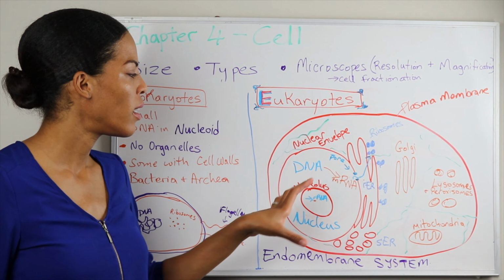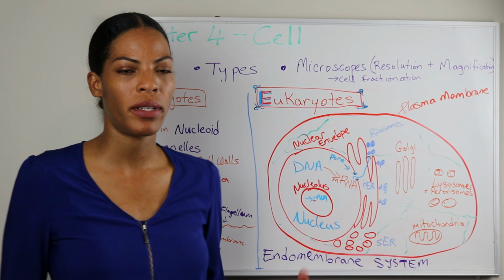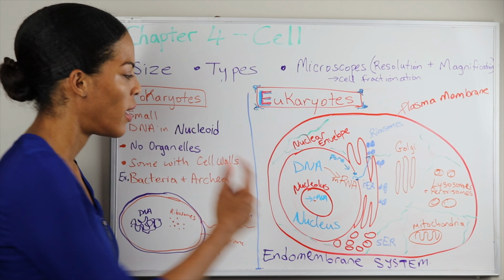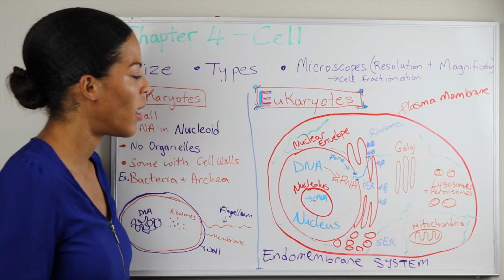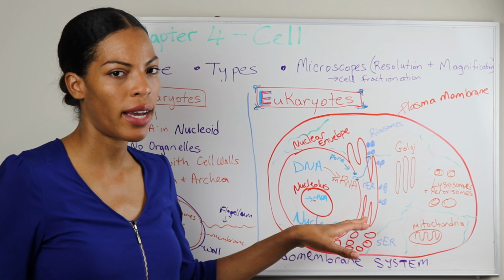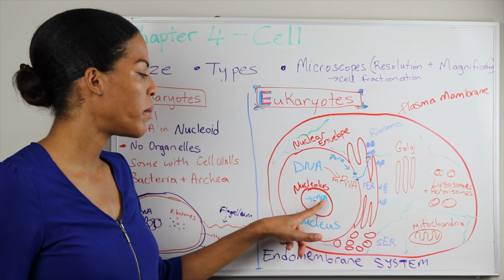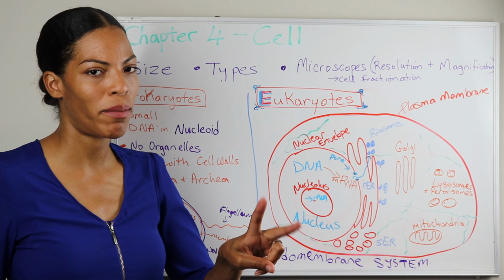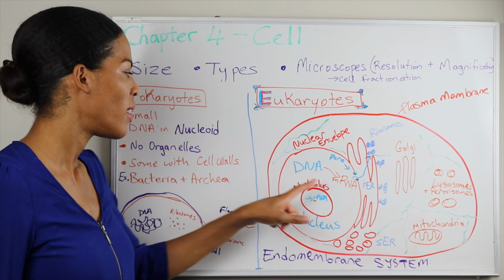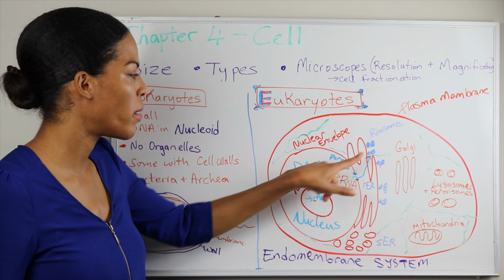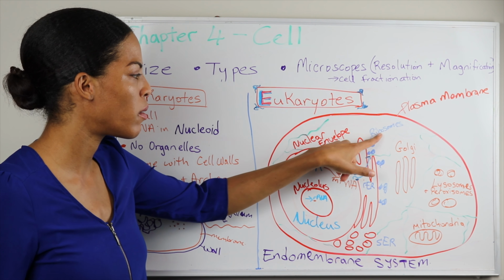That's basically a lot of the information that you would need to know about your nucleus. It has DNA in it. The DNA gets transcribed into messenger RNA or ribosomal RNA, which are two examples. We'll talk about some others later. Ribosomal RNA is important to make the structure of the ribosomes.